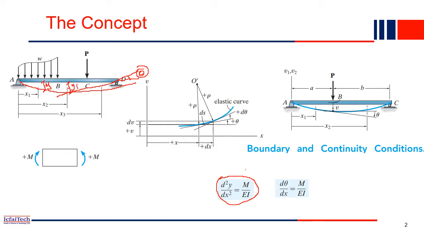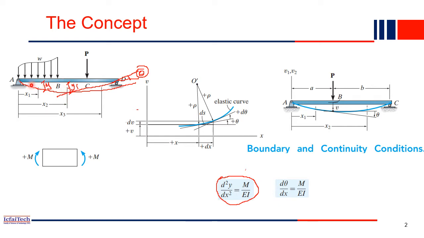right? So at every point on a beam you will get two unknown parameters. One is deflection. At any point you will have a different deflection. If you measure at the center of the beam you may get higher deflection, but if you measure the deflection at this point you will get lesser deflection. Another thing is the slope.